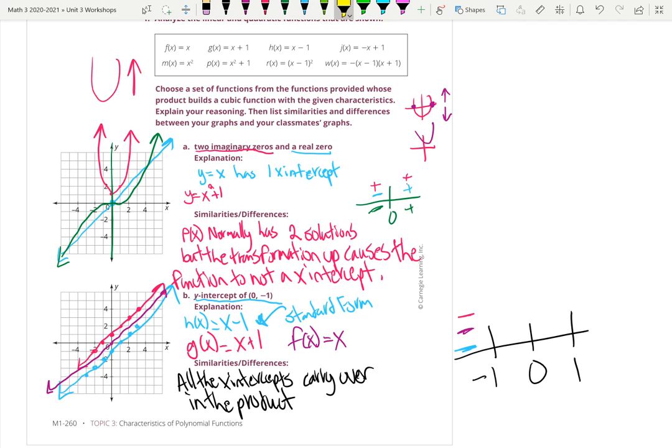In between -1 and 0, I see the same behavior, however, here the red line is positive, negative, negative.